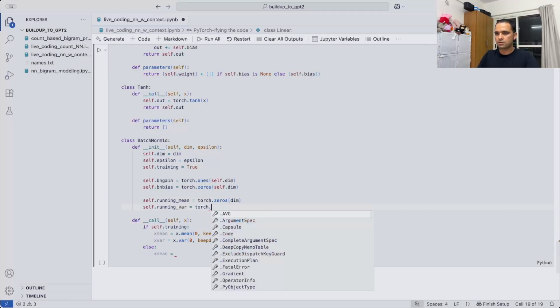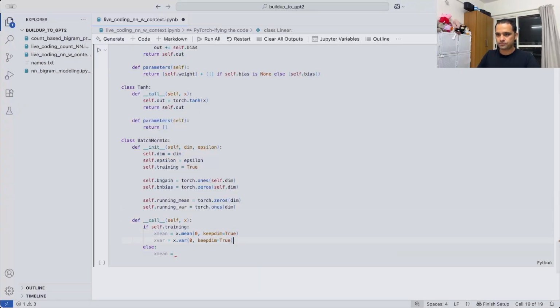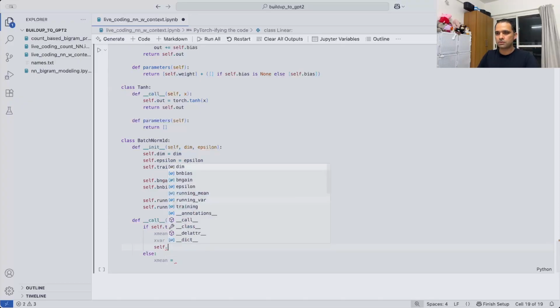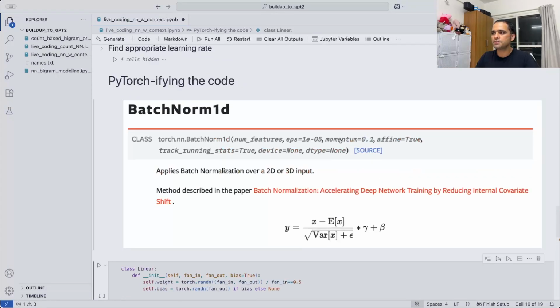The running variance is torch.ones of the same dimensionality. Now when we are in training mode, we can also update self.running_mean and self.running_variance. There's another parameter in this definition here, you see momentum.